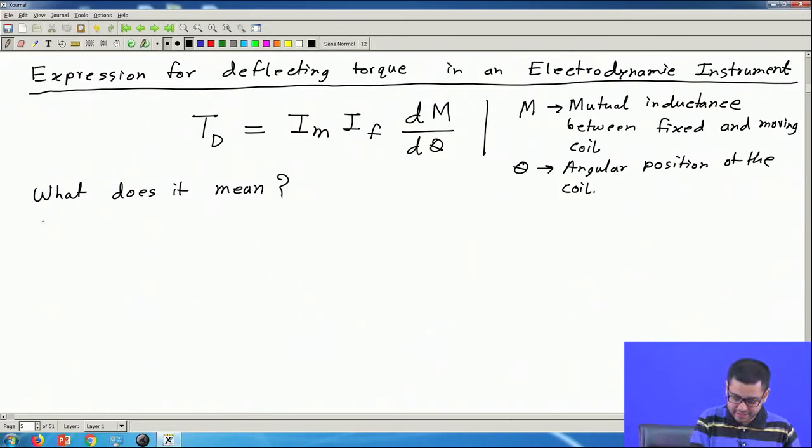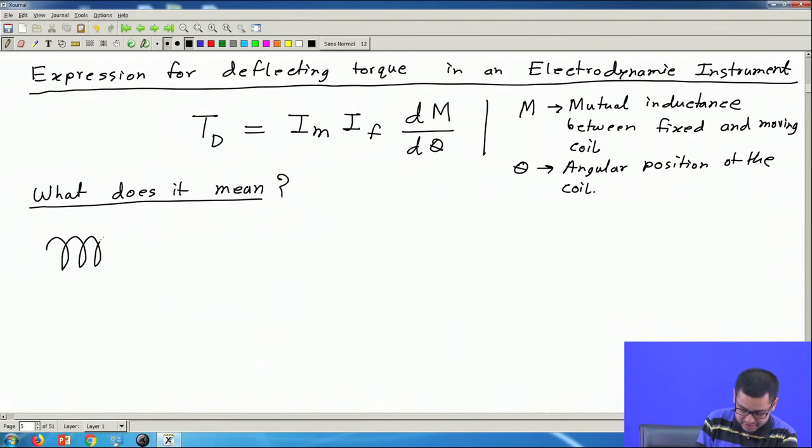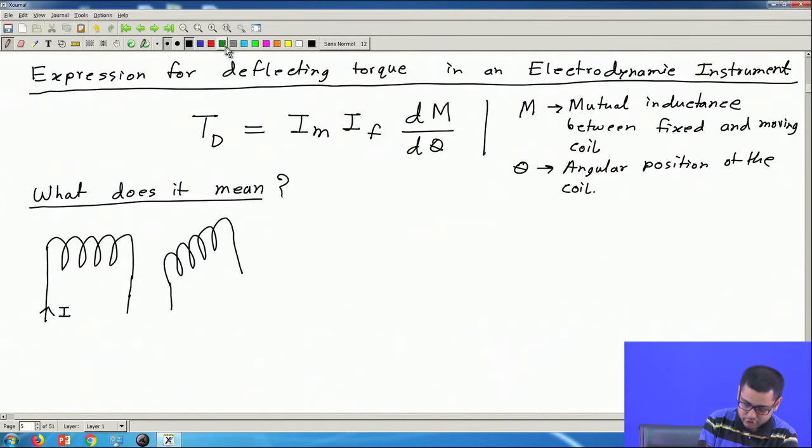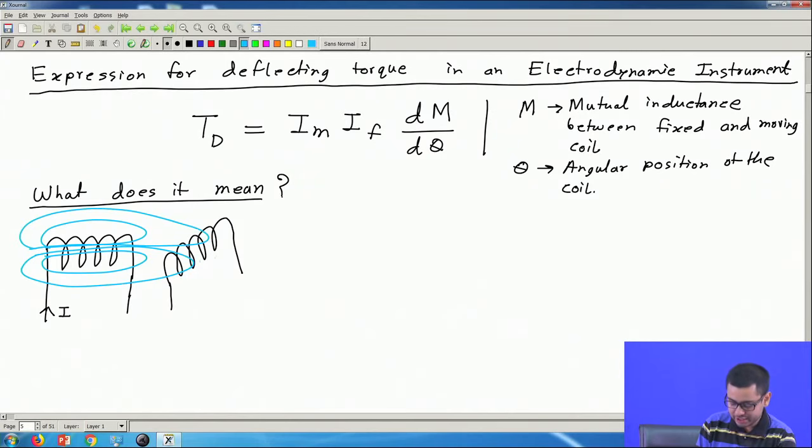Now, what is this mutual inductance? We know that if we have two coils nearby, so this is one coil and say there is another coil placed near to this coil, and then if we pass some current I in this coil, it will generate some flux lines, and some of these flux lines will also link with the turns of the other coil.